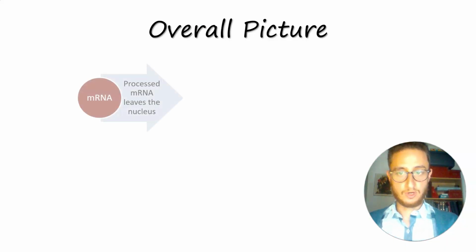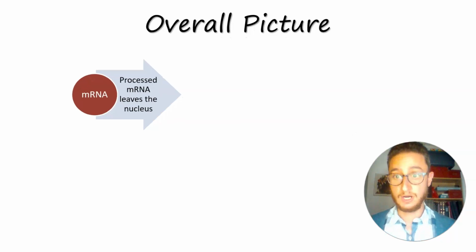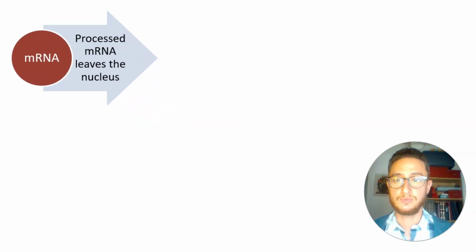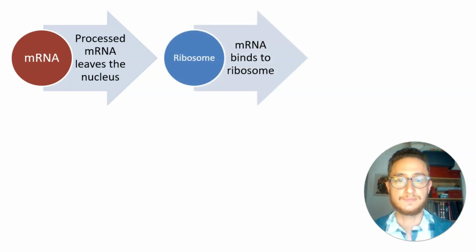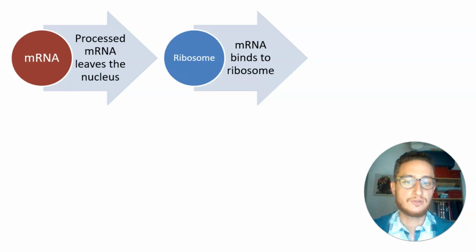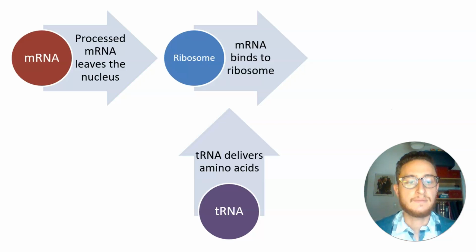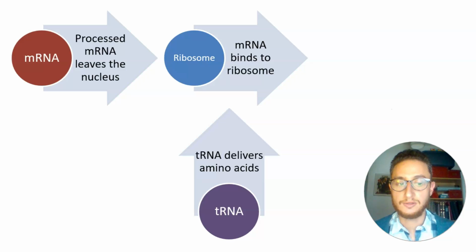So let's look at the overall picture one more time of what we're looking at in the central dogma. We have got mRNA. It's been processed and has left the nucleus. Now it's in the cytoplasm, and in the cytoplasm it's going to start to interact with a ribosome. And what that ribosome is going to do is it's going to take in another type of RNA called tRNA.